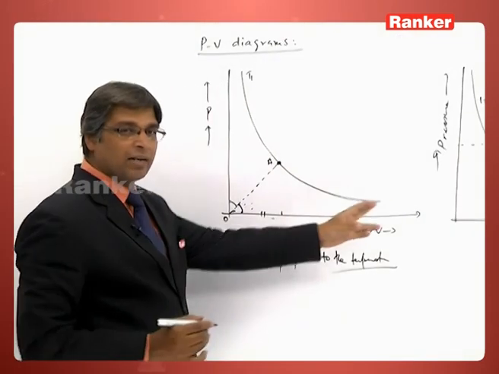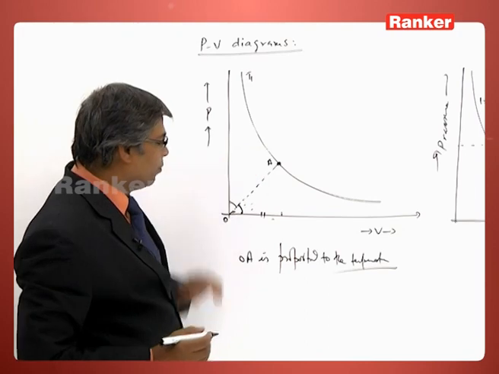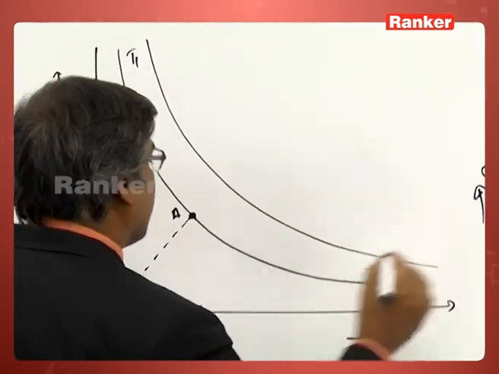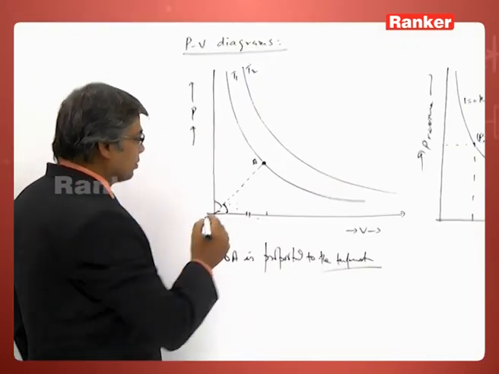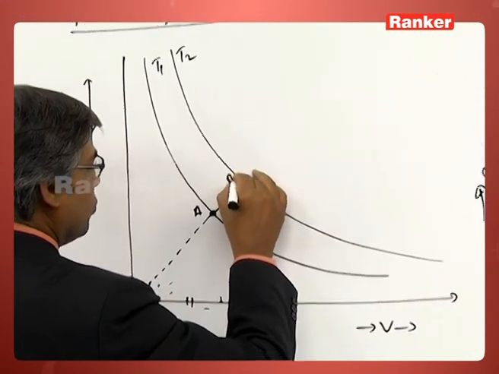So this is the rectangular hyperbola and T1 is the temperature, so it's OA. Now I have another rectangular hyperbola for temperature T2. Again you extend to this point, that means this is OB.